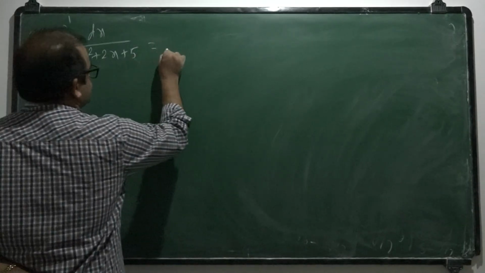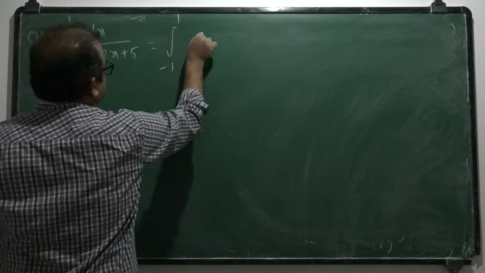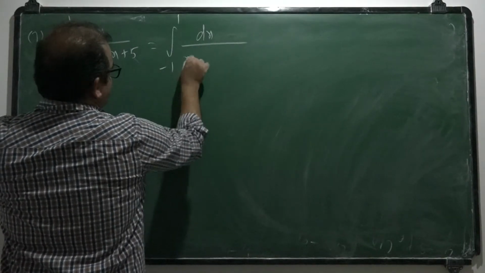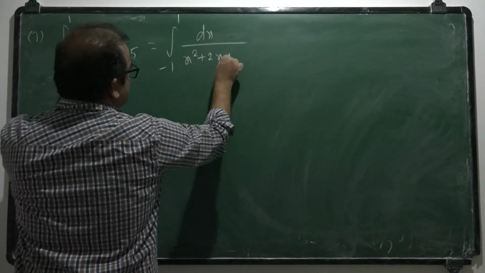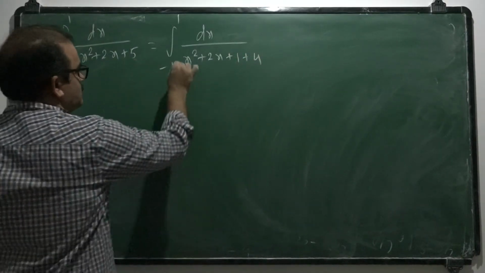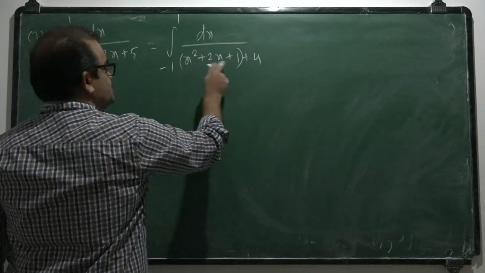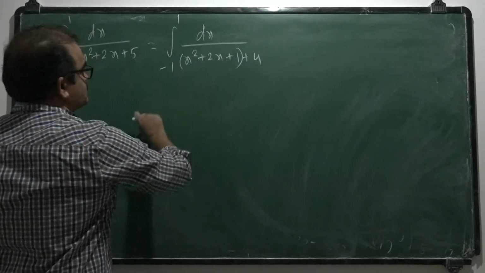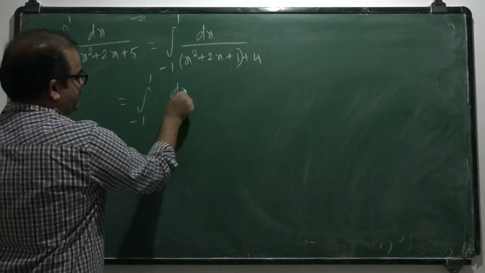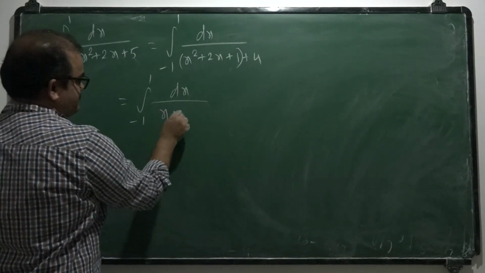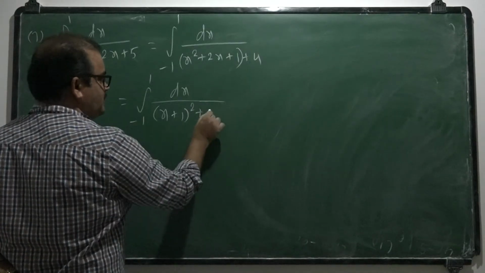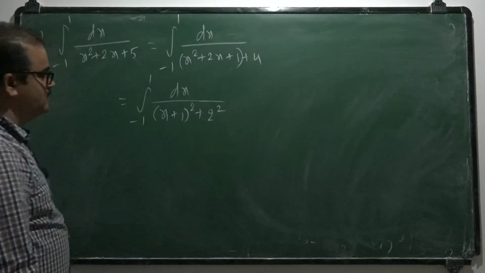Write it as x square plus 2x plus 1 plus 4. 5 is taken as 1 plus 4. See here, this is the expansion of x plus 1 whole square. dx by x plus 1 whole square plus 4. 4 is taken as 2 square.